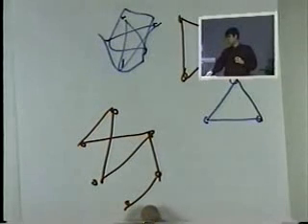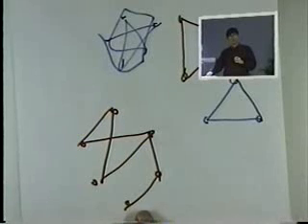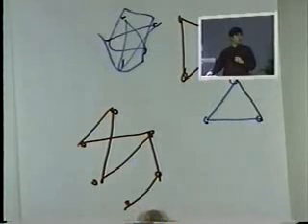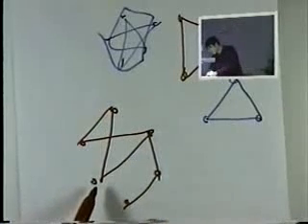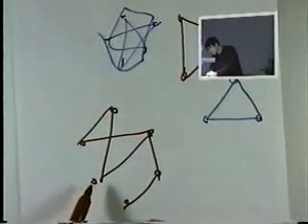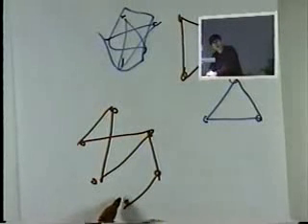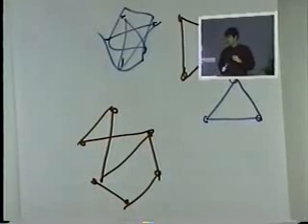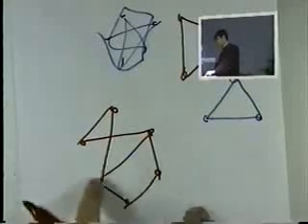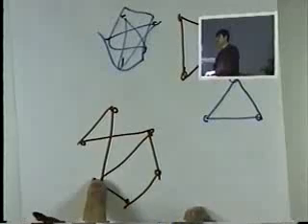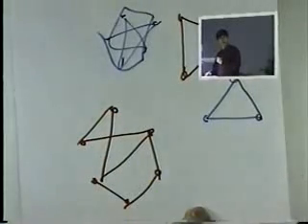Now it looks like we still don't have a triangle, do we? So far we have no red triangle, right? Is there any other edge I can add without creating another red triangle? I guess I could add this edge, right? If I add a red edge here, I've got a triangle, right? Red edge here, I got a triangle, right?